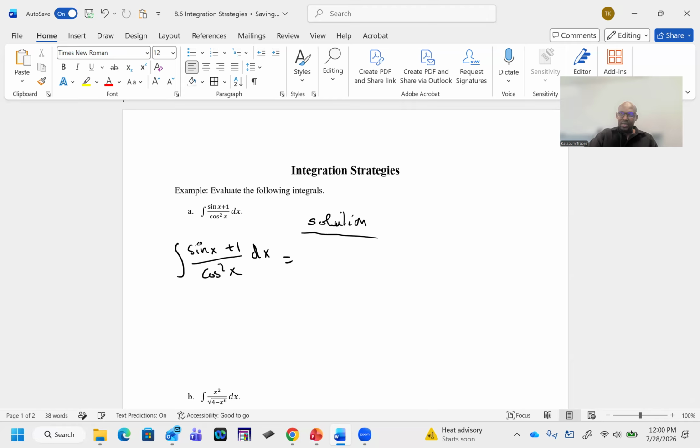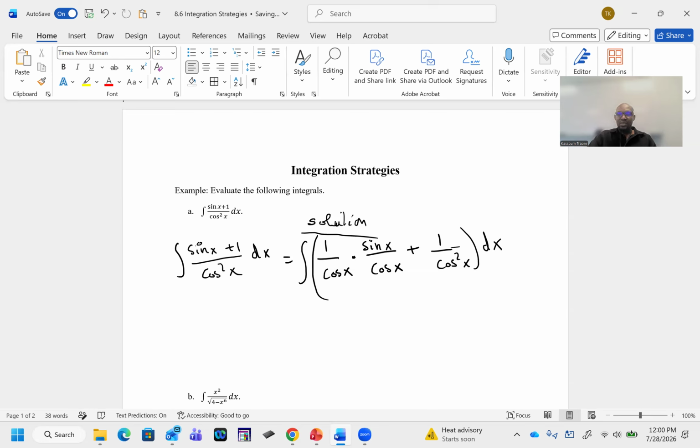I can rewrite this as 1 divided by cosine x times, in one bracket, sine x divided by cosine x plus 1 divided by cosine square x. Because if I multiply, 1 times sine x is sine x, cosine x times cosine x is cosine square x, and then plus this 1 divided by cosine square x.